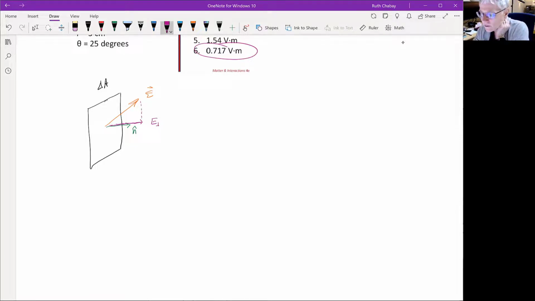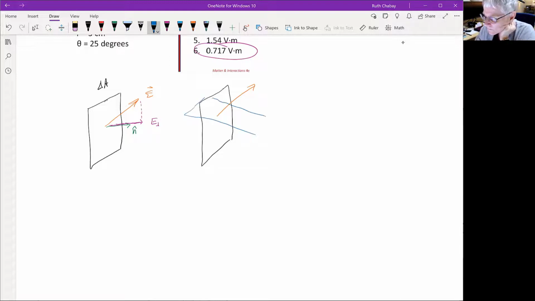A different way of thinking about it, which is sometimes useful, is that we're taking the component of the surface area that's perpendicular to E. So if we have E this way, this is actually equivalent to projecting this surface onto a plane perpendicular to E. So we're thinking of a projection of the delta A perpendicular.